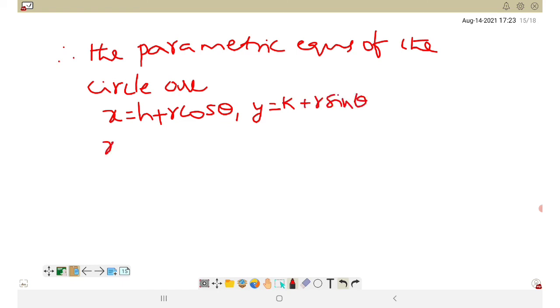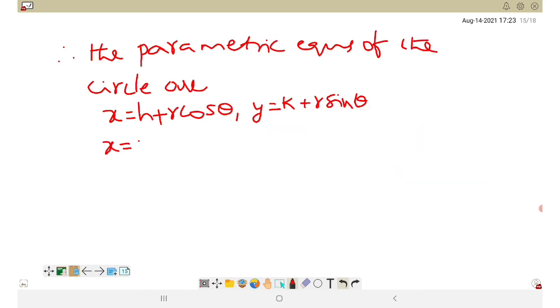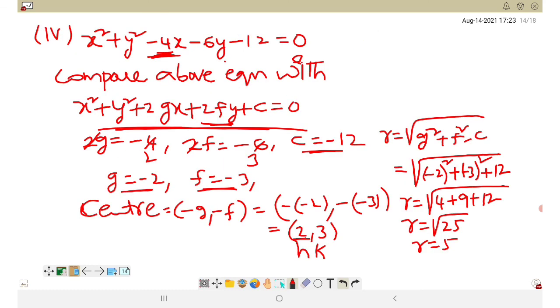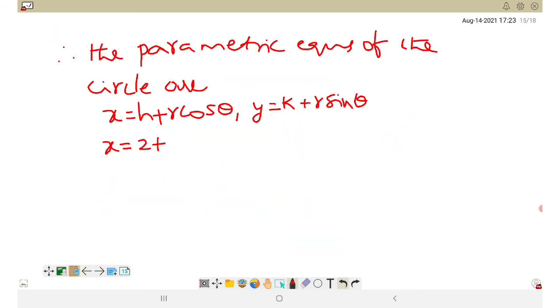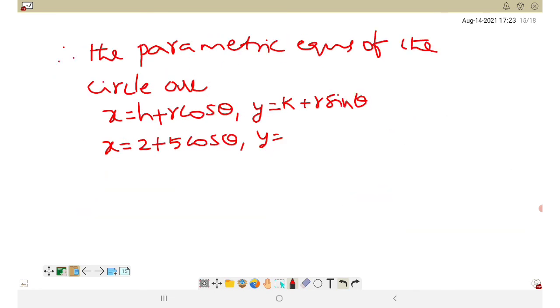So here x is equal to h, which is 2, plus r, which is 5 cos theta, comma y is equal to k, which is 3, plus r, which is 5 sin theta.